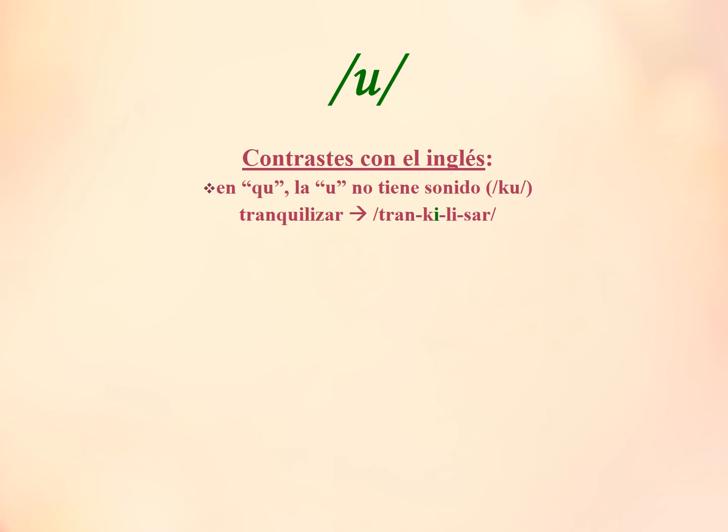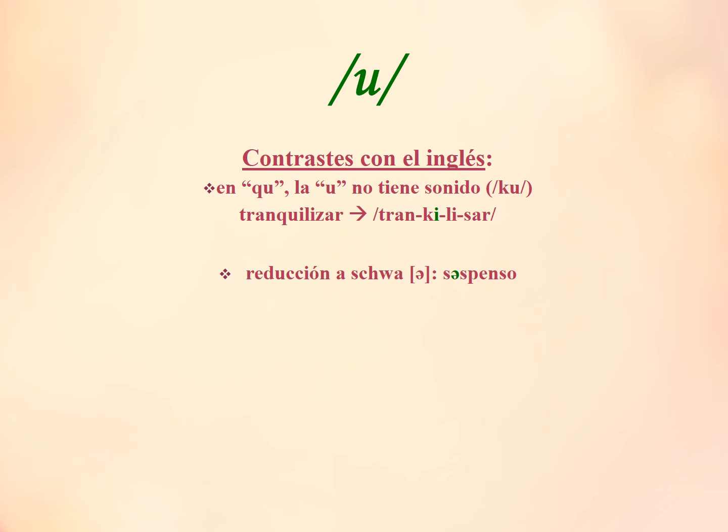Instead of tranquilize, we want tranquilizar. In the Spanish verb tranquilizar, the U is silent. So U after a Q is silent. Repeat after me the correct way, tranquilizar. There's no U in that at all.